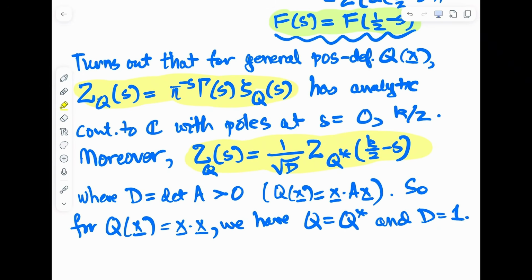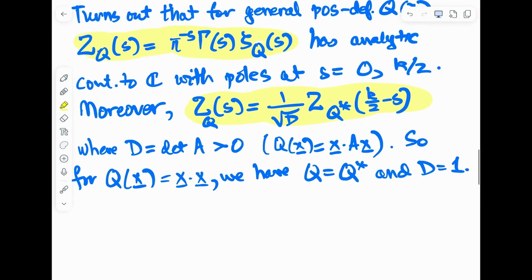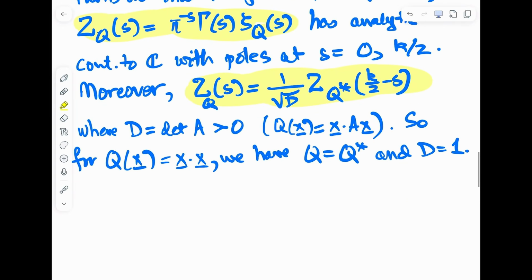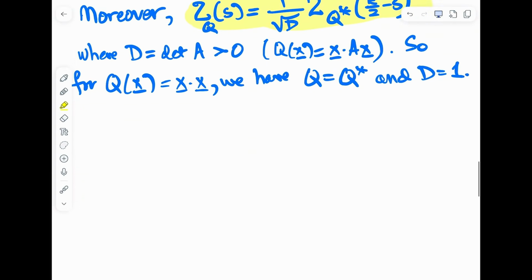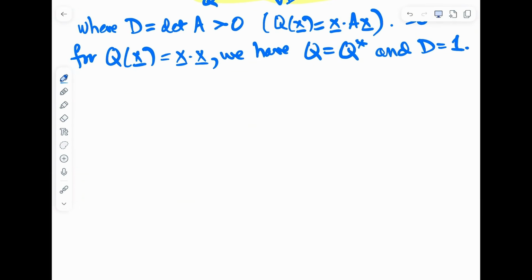Things will be very similar to what we saw last time. So this is our goal. The completed zeta function, we get pi to the minus s, gamma of s.